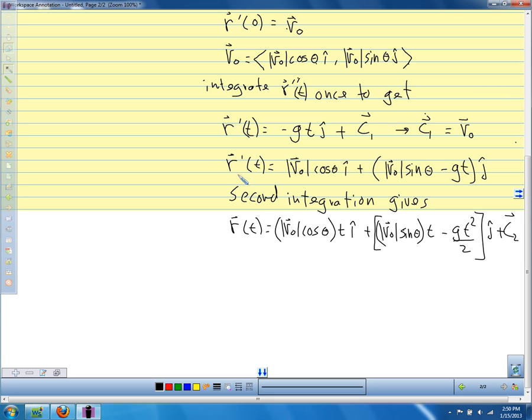So I'm just integrating the velocity to get my position.